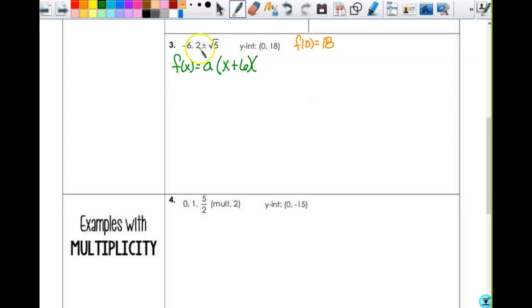Then I have 2 plus the square root of 5, 2 minus the square root of 5. I'm going to substitute something in with more than one term, so I need parentheses: x minus, 2 plus the square root of 5, and then x minus, 2 minus the square root of 5.